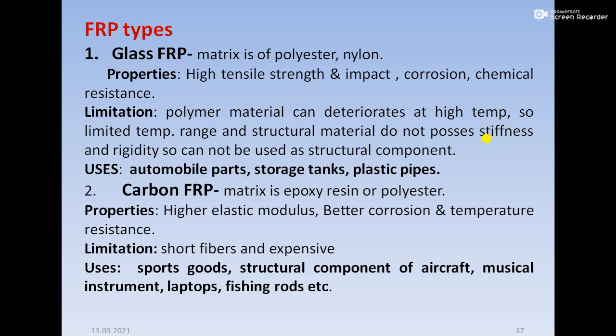Limitation, carbon fibers are very short and expensive, and where it can be used, sports goods, structural components of aircraft, musical instruments, laptops, fishing rods, etc. So those are the types of FRP, glass FRP and carbon FRP.